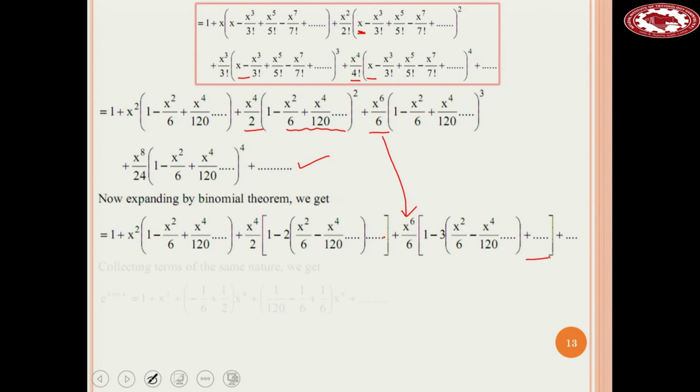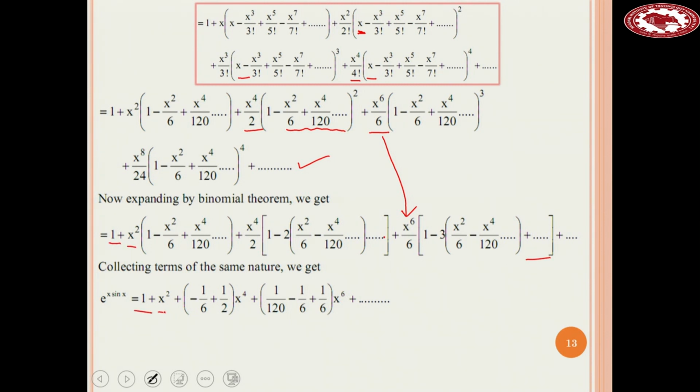Now collecting terms of the same nature. First, x square, and x square means this one. So x power 4 minus 1 by 6 from this and from this, we obtain these two terms.